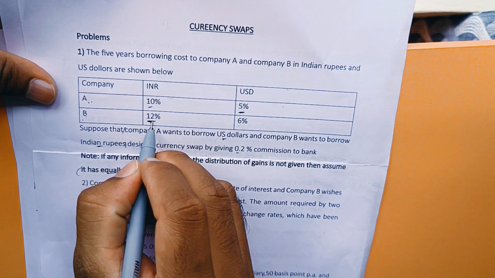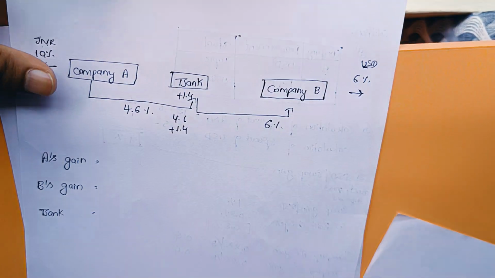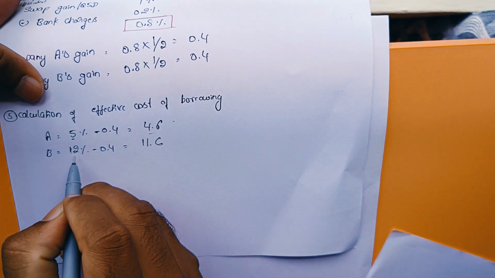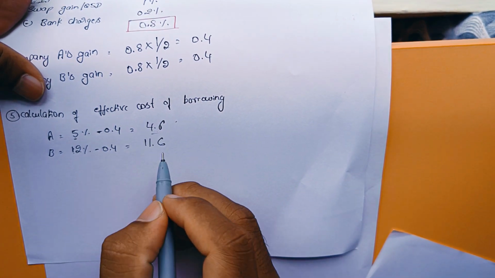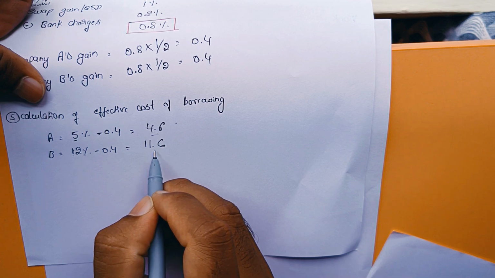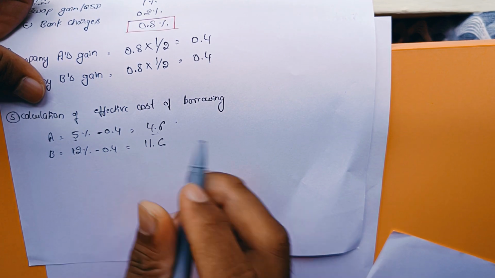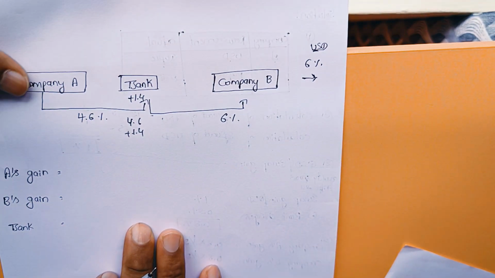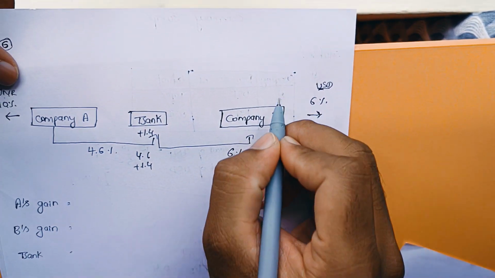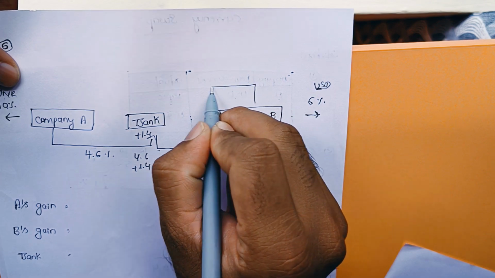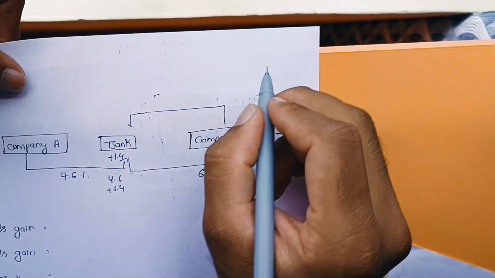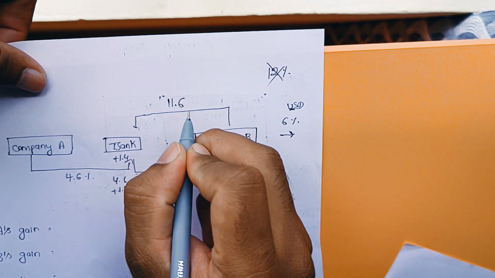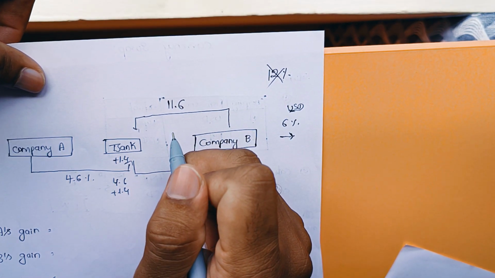But instead of paying the entire 12%, company B will pay only 11.6, because it has taken the advantage of 0.4.